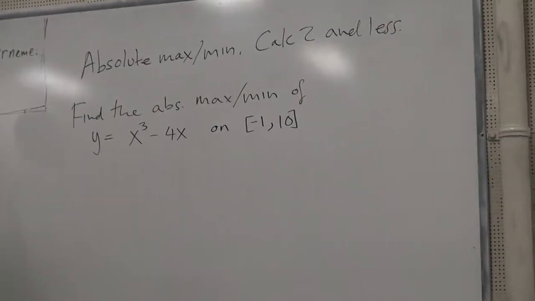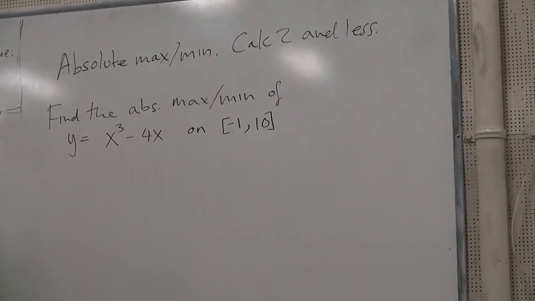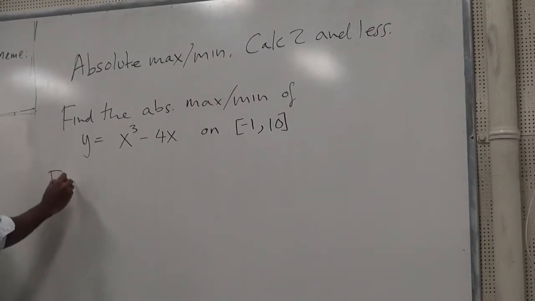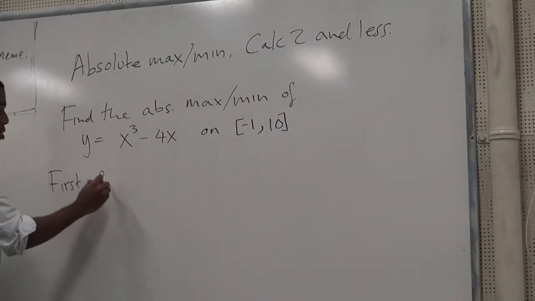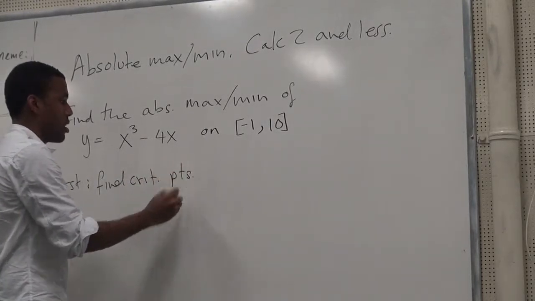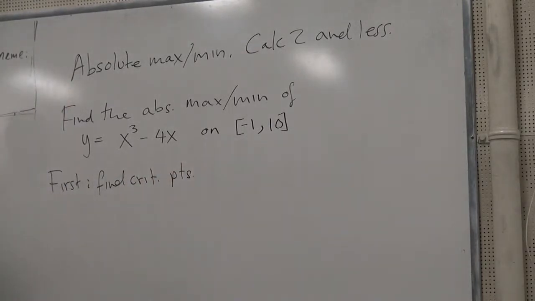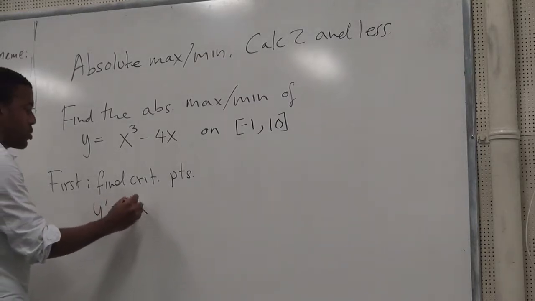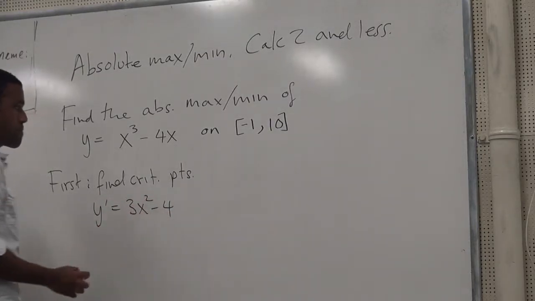First you find critical points, that was the first step, right? And here the critical points would be what? You find y prime and you get 3x squared minus 4, right?